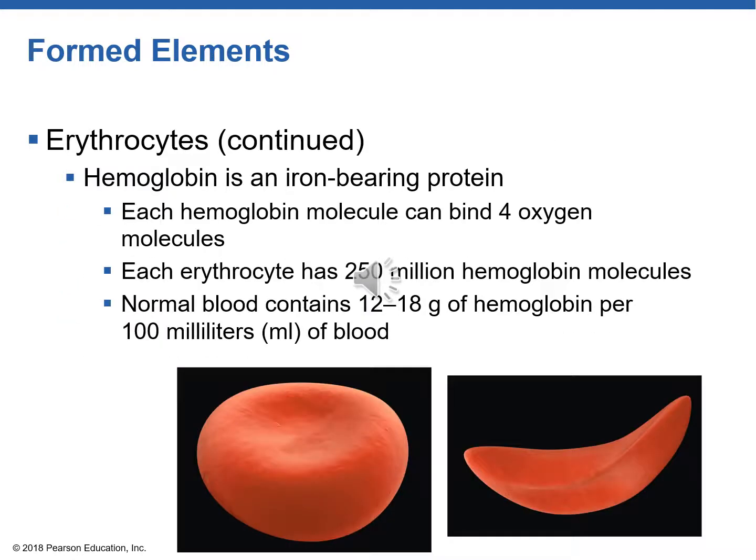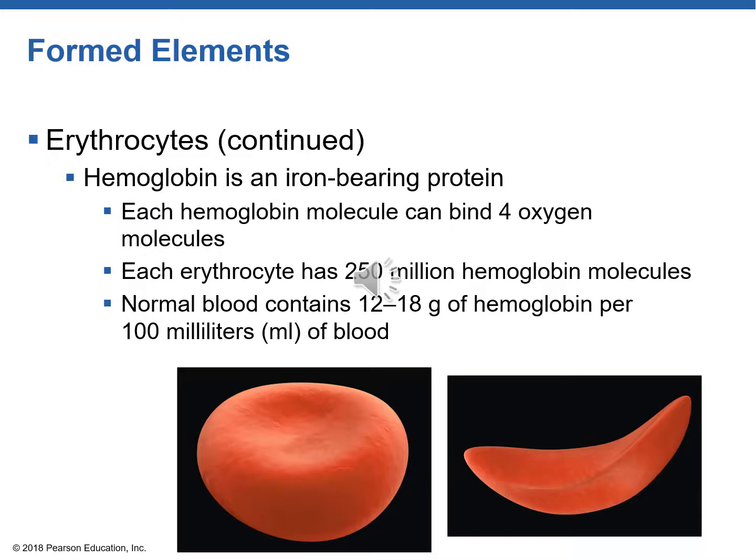Hemoglobin contains iron, and it has the ability to bind to 4 oxygen molecules. And we see that each erythrocyte or red blood cell contains millions of hemoglobin molecules. So that's how we understand that hemoglobin carries oxygen, as do red blood cells or erythrocytes.